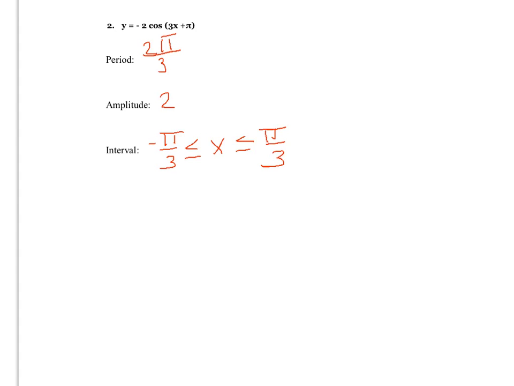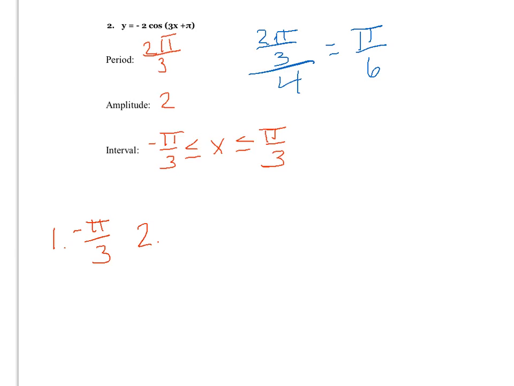So our first point, remember, is going to be negative pi over 3. Now, if we take the period and divide it by 4, so if I take 2 pi over 3 and divide it by 4, I'm going to get pi over 6. So each time to find my 5 points, I'm going to add pi over 6.